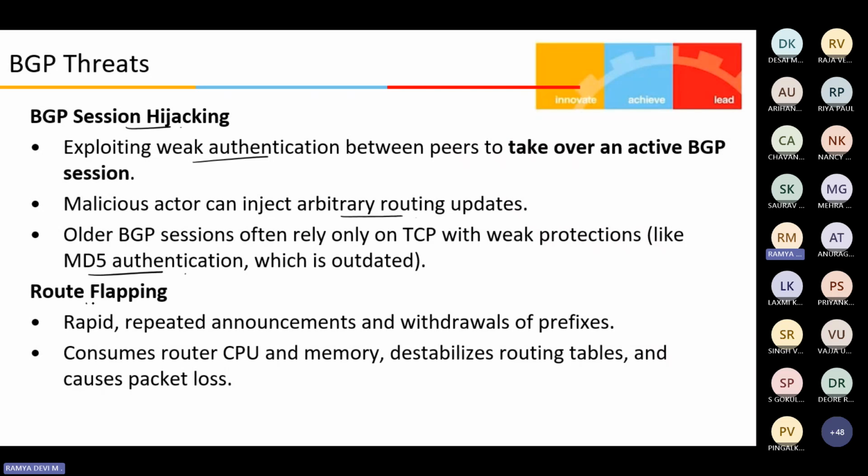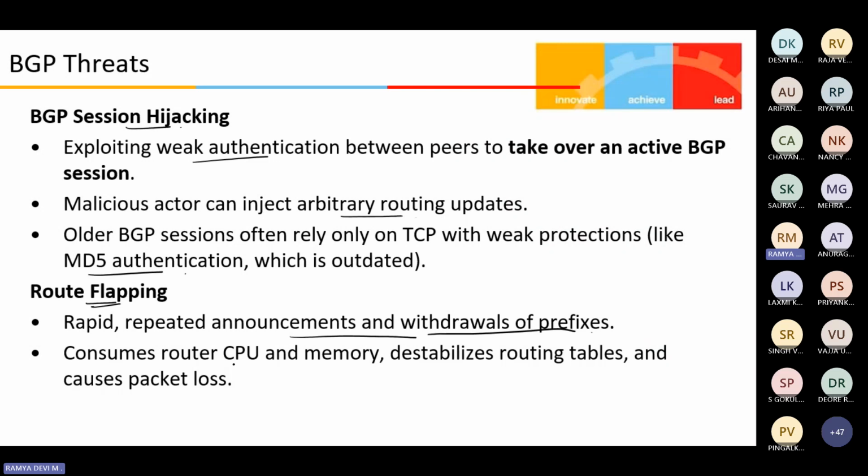And the next one is route flapping. Route flapping occurs when the router announces or withdraws a prefix repeatedly. This is caused by misconfigurations, unstable links, or even malicious intent.